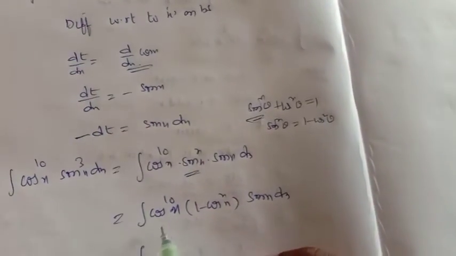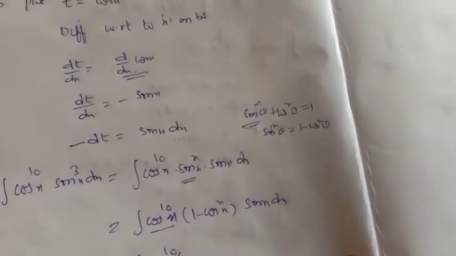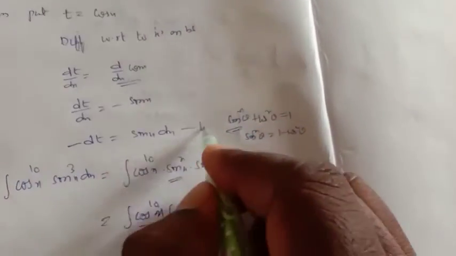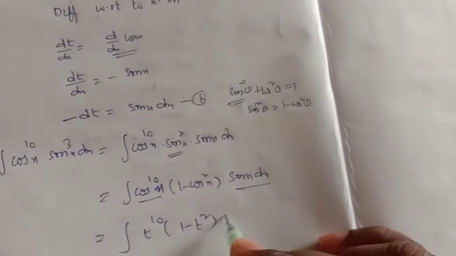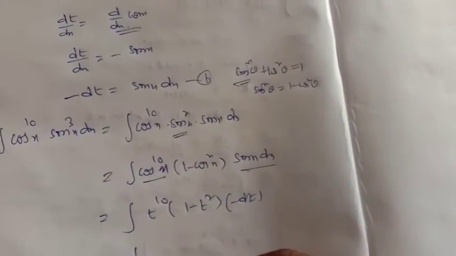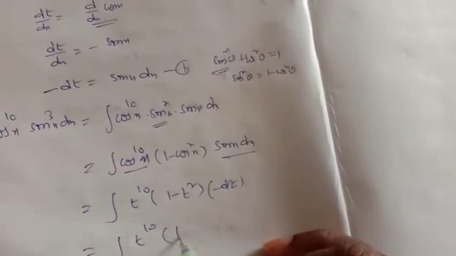Here substitute the t value, t equal to cos x, that is t to the power of 10 into 1 minus t square. Here sin x dx, using equation number 1 we get minus dt. Here multiply the minus value, that is t to the power of 10 into minus 1 plus t square.